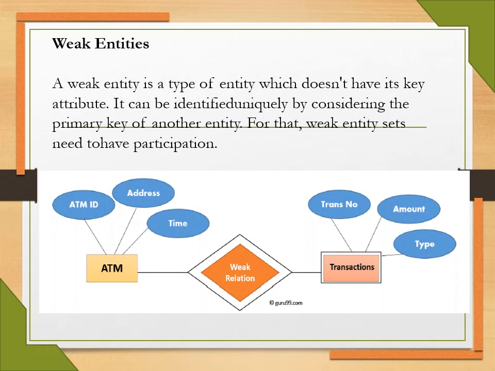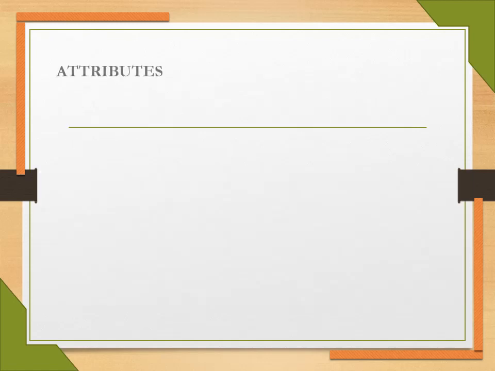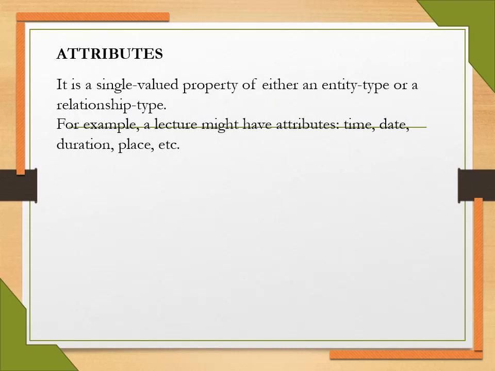In the above ERD diagram example, trans number is a discriminator within a group of transactions in an ATM. Now, what is an attribute? The single valued property of either an entity type or a relationship type.